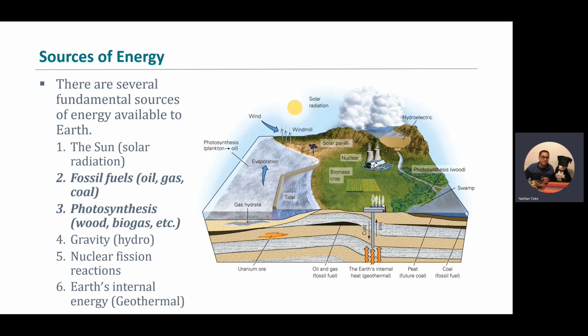And then we have the internal heat of the Earth from radioactivity and just the general heat of formation. And that energy can be taken advantage of in terms of geothermal energy in areas near magmatic areas, and then also areas where the temperature of the Earth is a little hotter than usual, where there's favorable conditions of bringing hot groundwater from deep under the Earth towards the surface more rapidly than normal. So yeah, I've lumped it into 6. Your book has a few more.